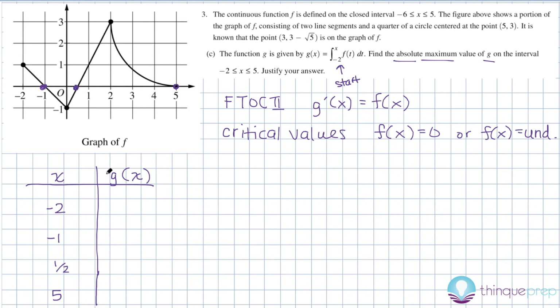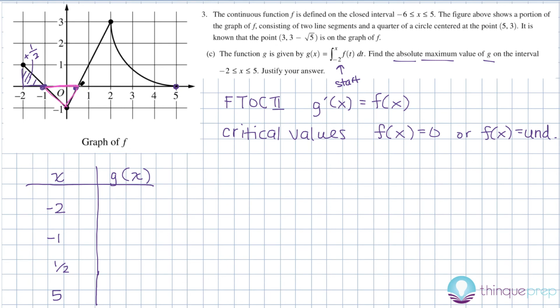And so how do we calculate g? Well, we need to use the area starting at -2. So let me just go ahead and split up my figure into different areas bounded by the x-axis. This one is a triangle of dimensions 1 by 1, and this is going to be +1/2 since it's above the x-axis. Let's do this triangle over here.